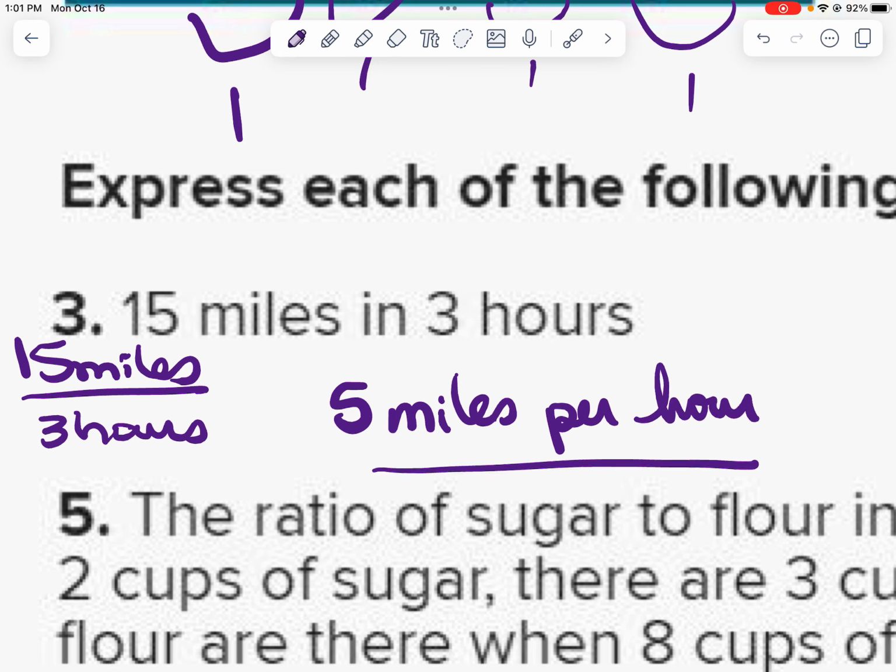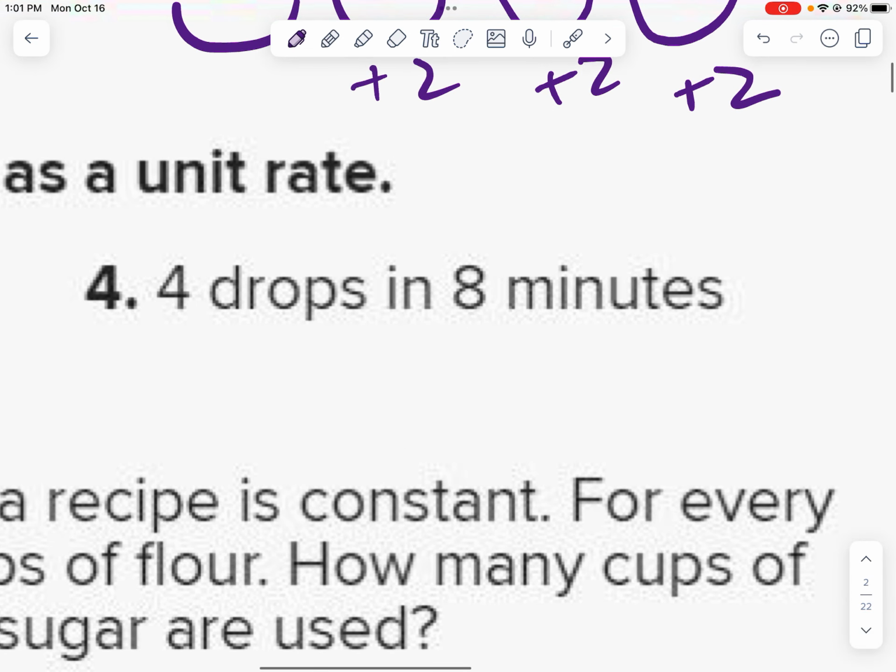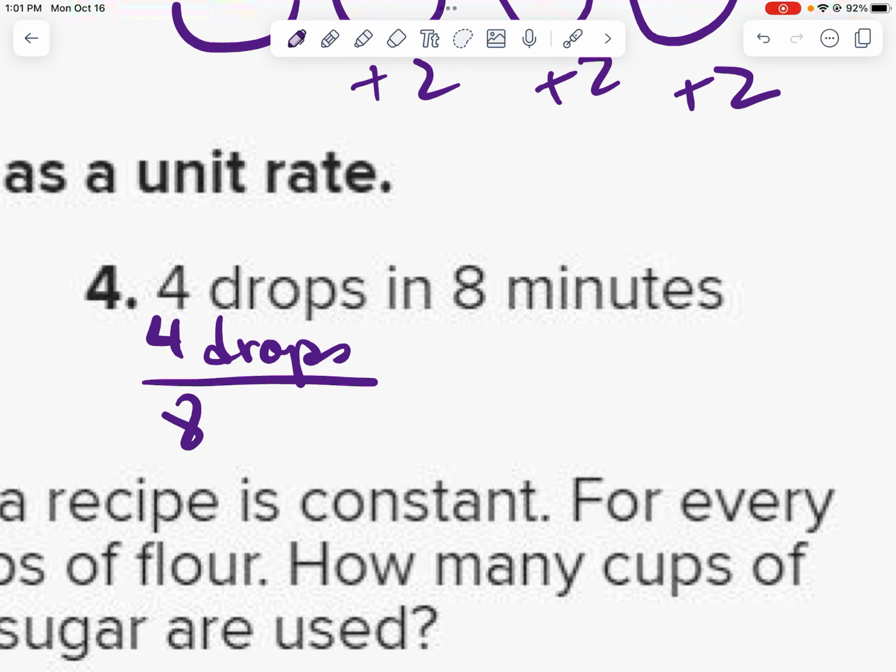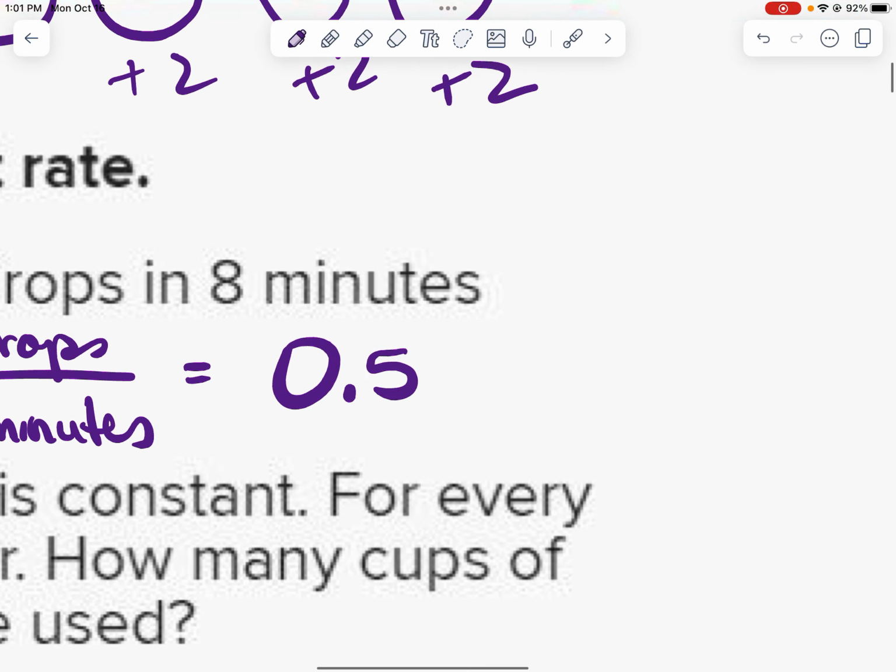You have to put the words also. You can't just put 5. Here, I have 4 drops per 8 minutes. So if I was to divide this, hopefully when you divide, you actually get 0.5. And then we do drops per minute.